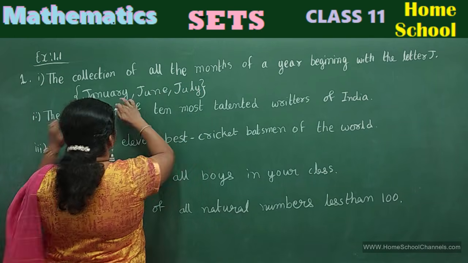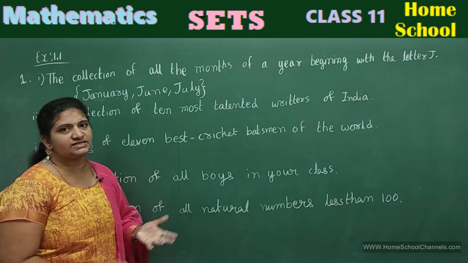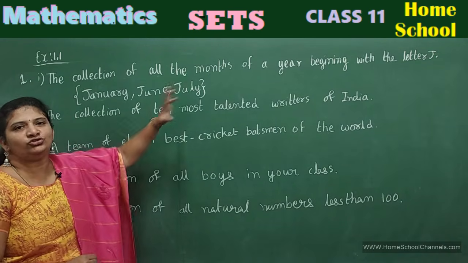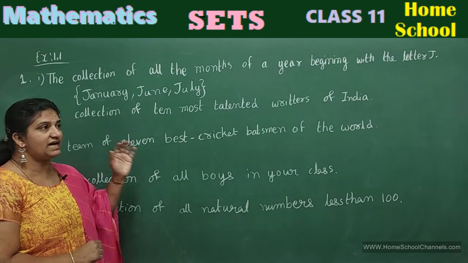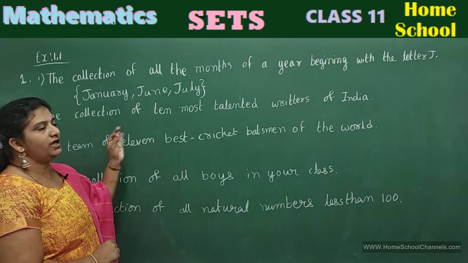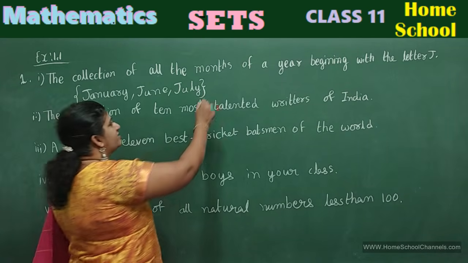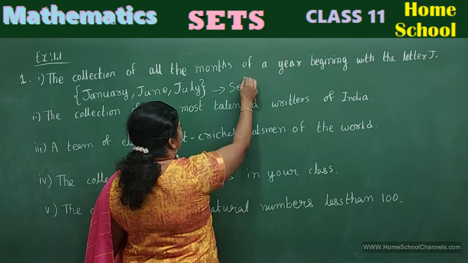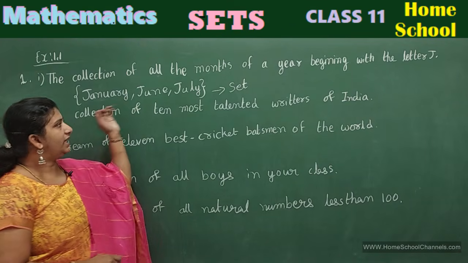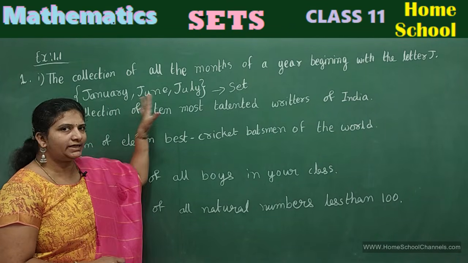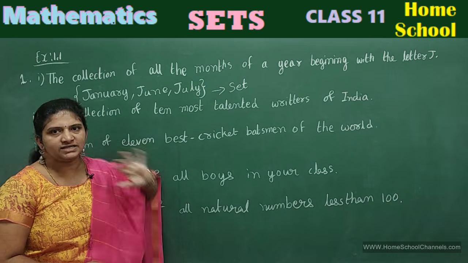These 3 we can form as a set. So what you can say? This is a set. In this we can define the collection of months. So it is a set.